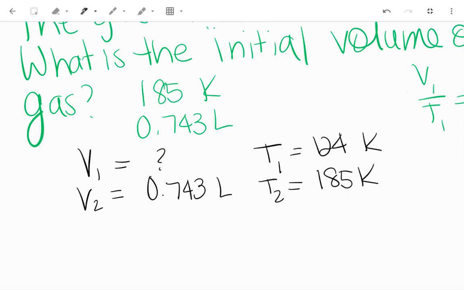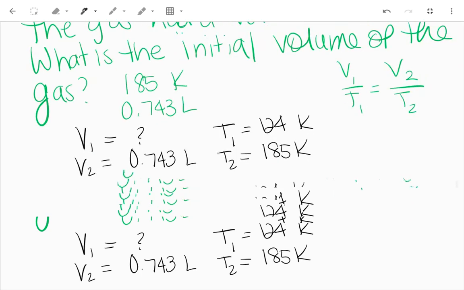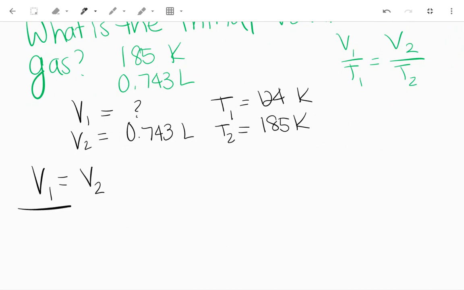Now I'm just solving for V1. So that means I need to rearrange this a little bit.